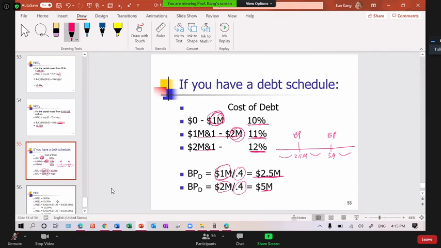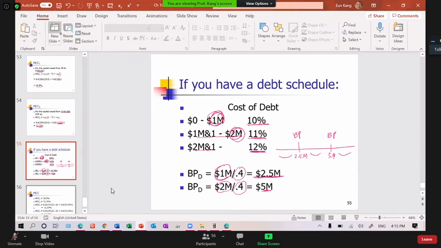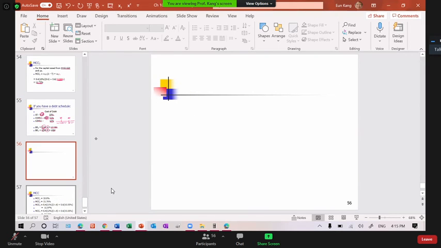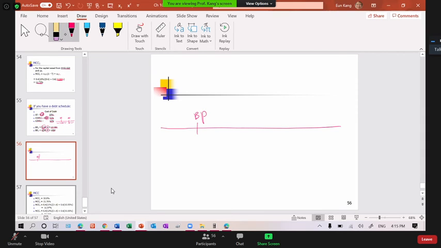Now we combine the equity breakpoint and the debt breakpoint. Then it's like this. The total is like this. You have the breakpoint, where E means breakpoint for equity, or more consistently, equity breakpoint, 166,666.67.